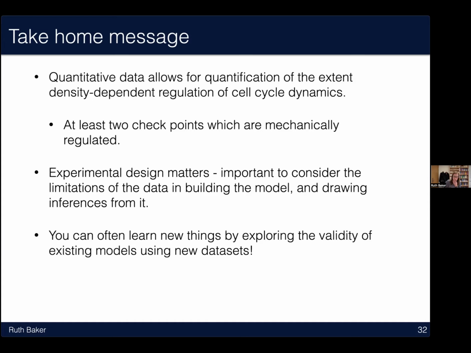What we showed in this work is that using the Fucci reporter with these two different colors enables us to demonstrate that there are at least two checkpoints that are mechanically regulated based on cell-cell crowding.